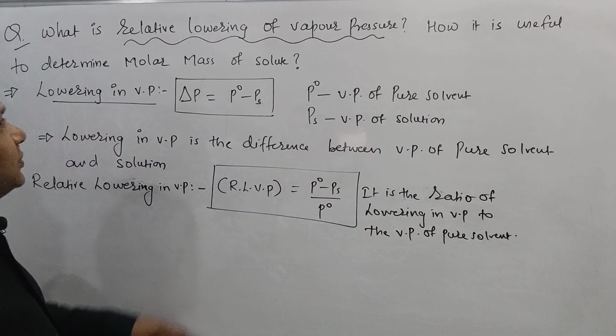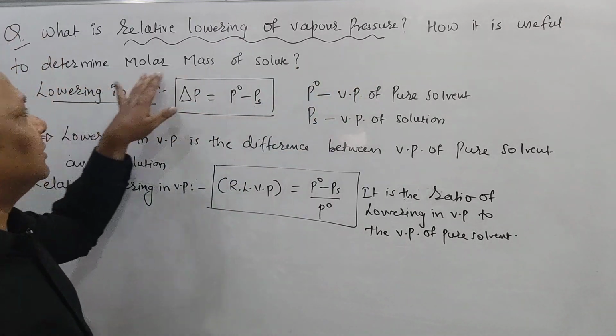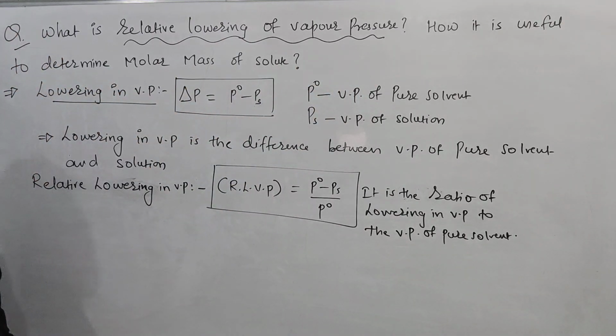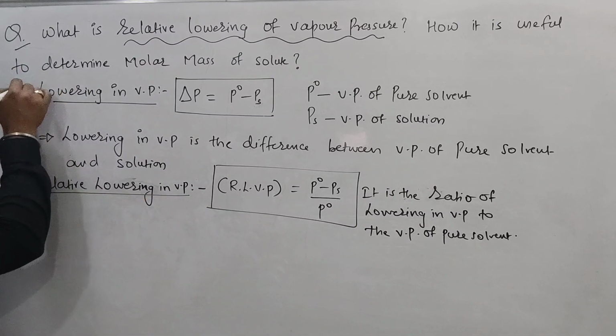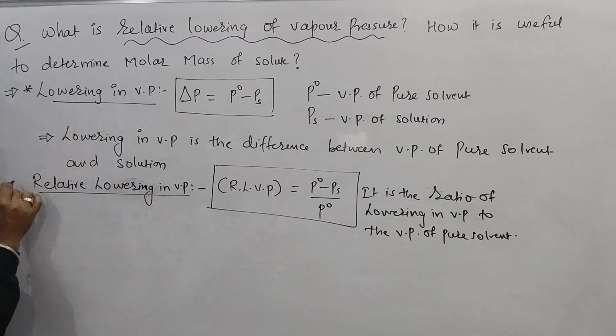Now, they asked how it is useful to determine the molar mass of the solute. So, according to Raoult's law, you have to continue this. See, first point: what is the relative lowering in vapor pressure? Second one: relative lowering in vapor pressure.